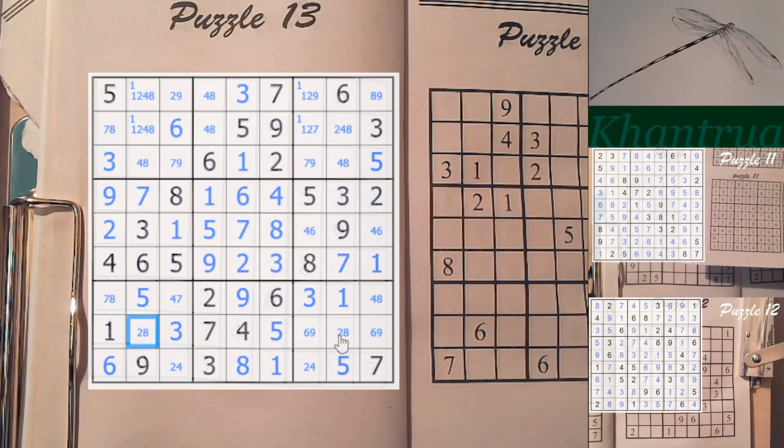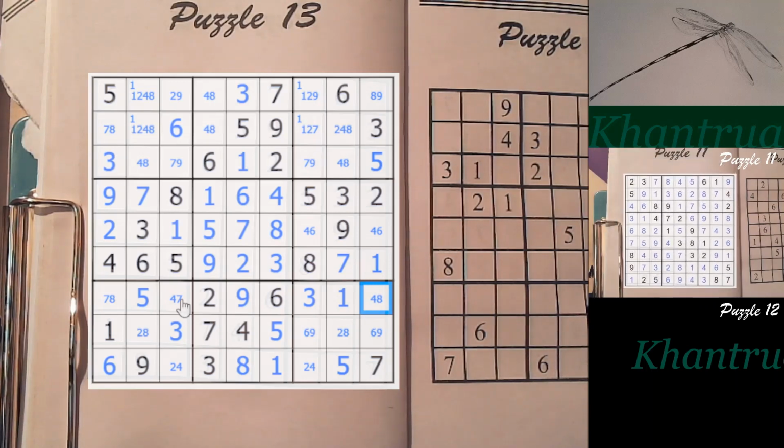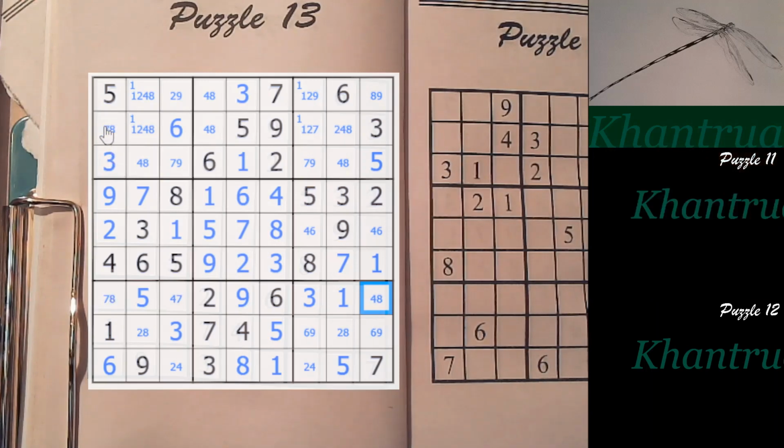Two, eight, two, four, seven, four. Seven, that's an eight, which means this would have to be a seven, which forces us to be a nine.